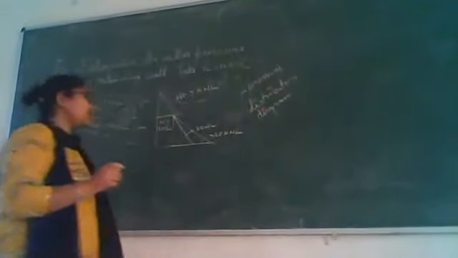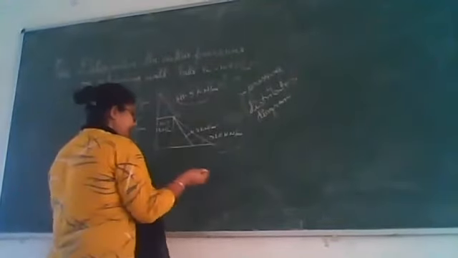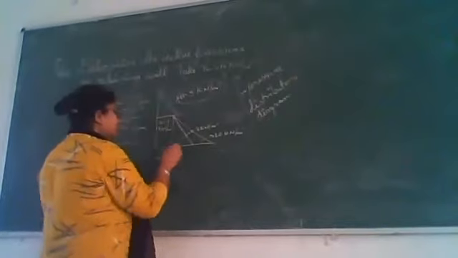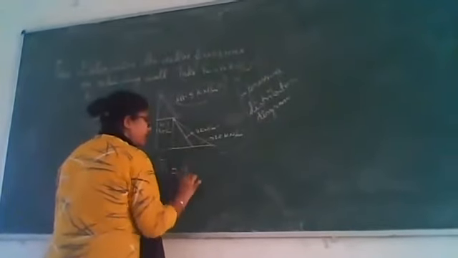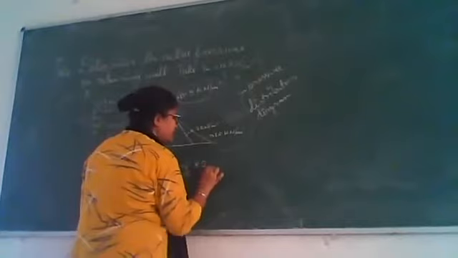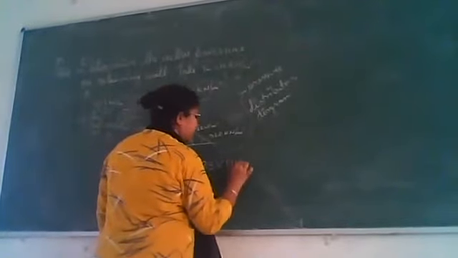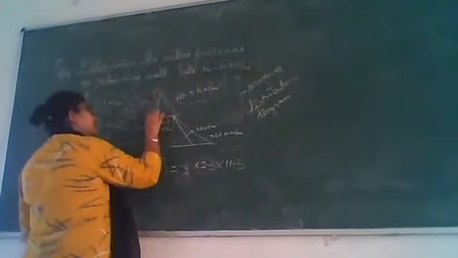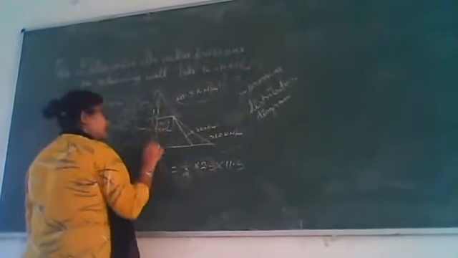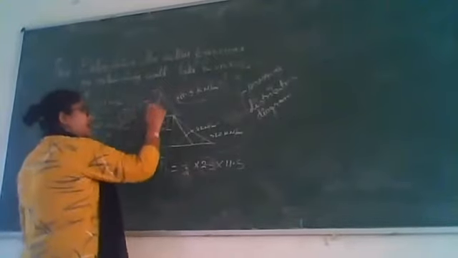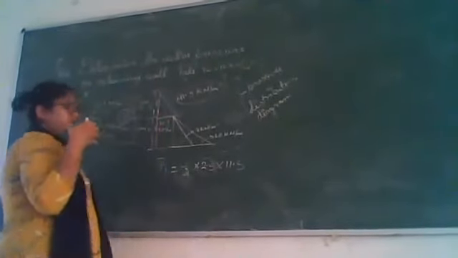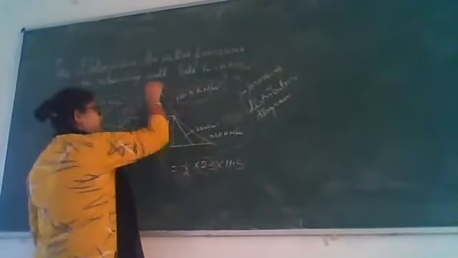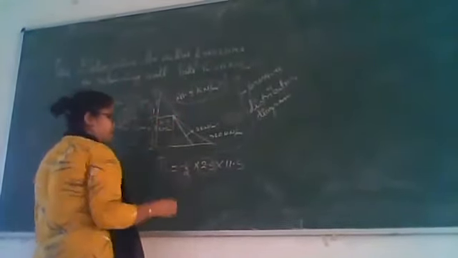Done. Now, next is P1. What is P1? P1 is 1 by 2 multiplied by 2.5 multiplied by 11.5. What is 2.5? The height of this layer. This is the triangular part, and the total area is calculated by 1 by 2 multiplied by 2.5 multiplied by 11.5.